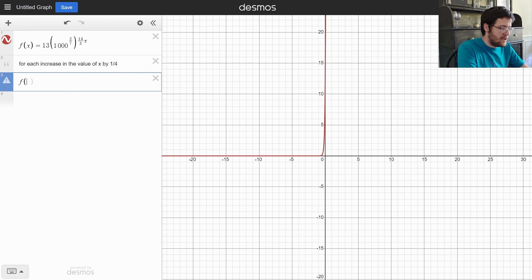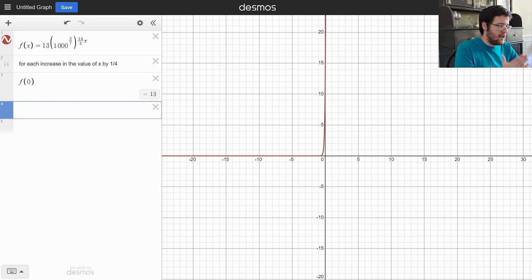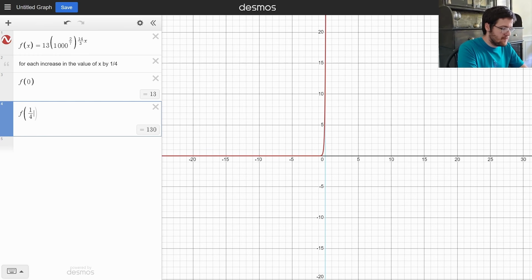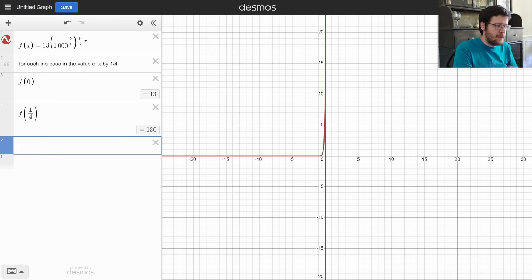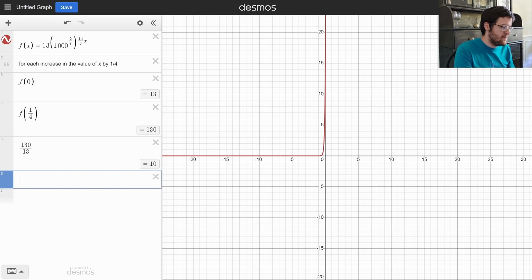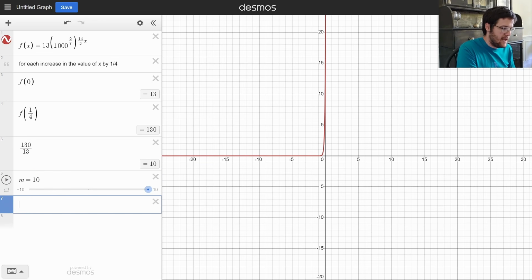So why don't I start at 0 and then increase x by 1/4. 0 plus 1/4 is 1/4. And then the quotient of those two y values will give you the factor by which it was multiplied. So new divided by old, 130 divided by 13, we get 10. So we just deduced that m is equal to 10.